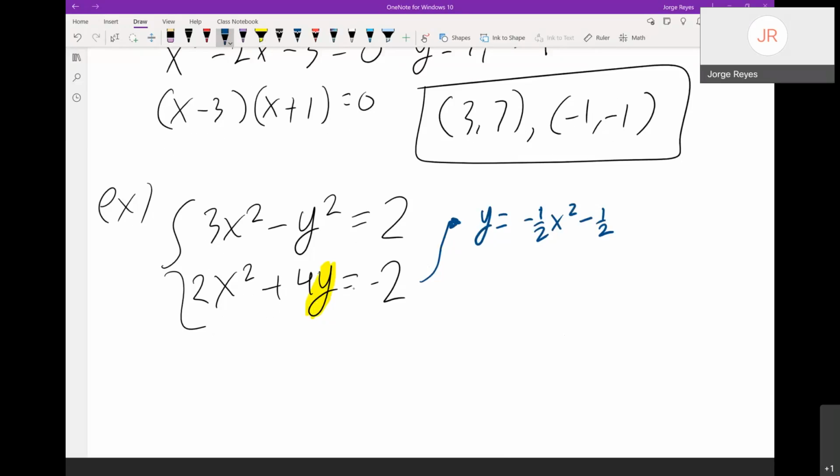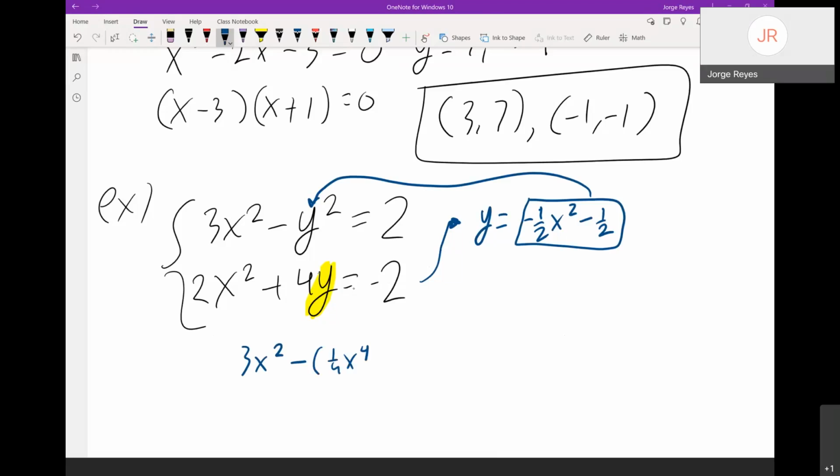But then you would notice, you want to plug that in there, and you would then square it. So you get 3x squared minus 1/4 x to the 4th plus some stuff.